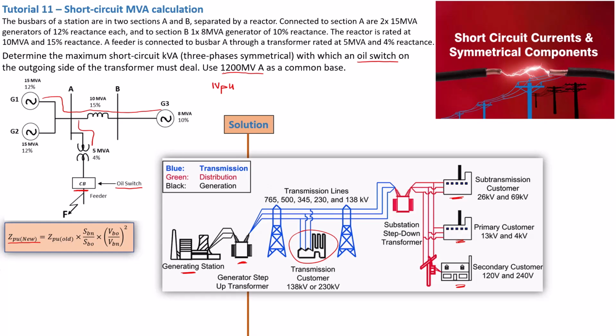The one that is given here is going to be the old one, so that is Z per unit old. We're going to multiply it by S_B new, which is the new base MVA, over the old base MVA. That basically means the 15 MVA of the component itself, or the equipment itself, if we can use that term. Then we multiply it by the quotient of the old voltage over the new voltage squared. So that's basically what this formula entails.